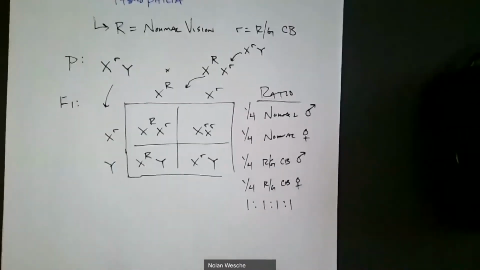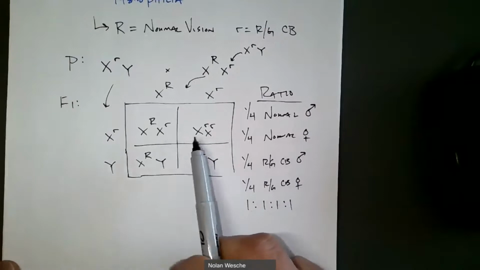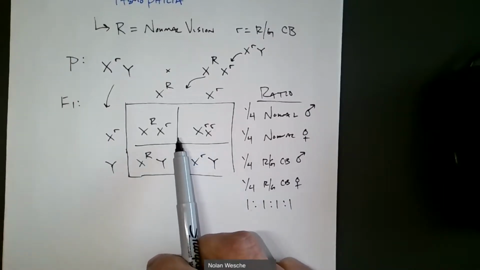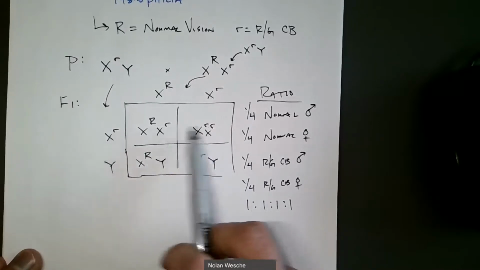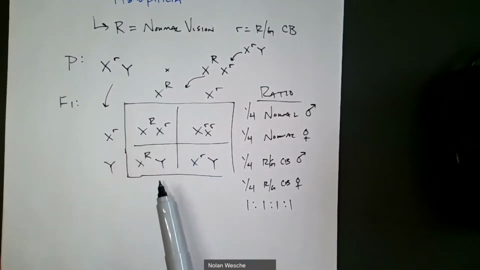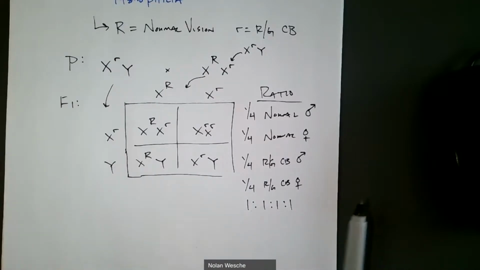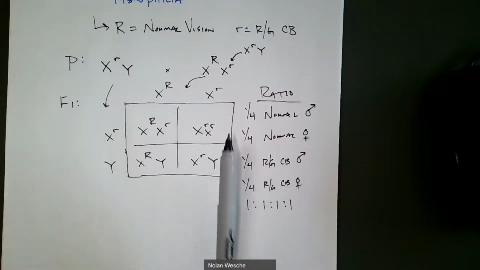But if they asked us just about males or females, then we could talk specifically about males. So if they had a son, what are the odds that the son is red-green colorblind? Well, it's a 50% chance. And if they asked us just what are the odds that any offspring is colorblind, that's going to be a 50% chance as well.